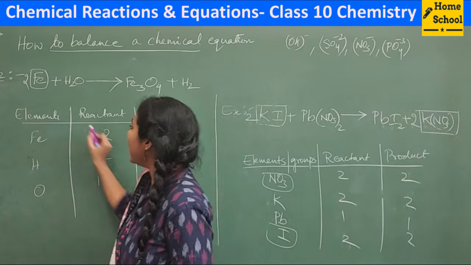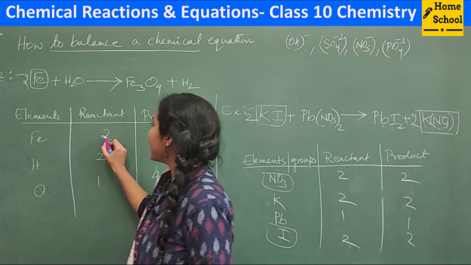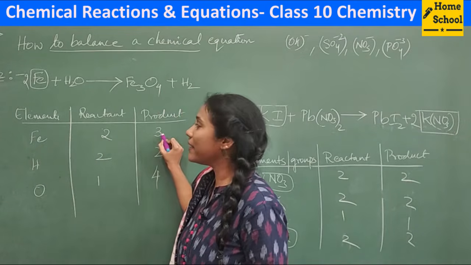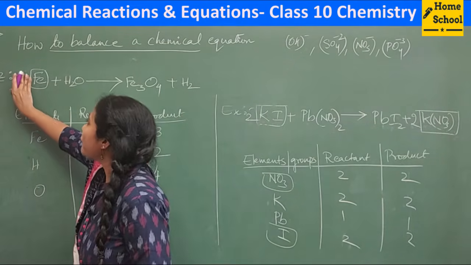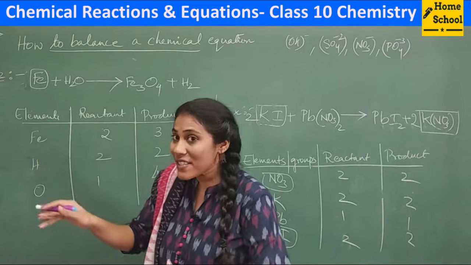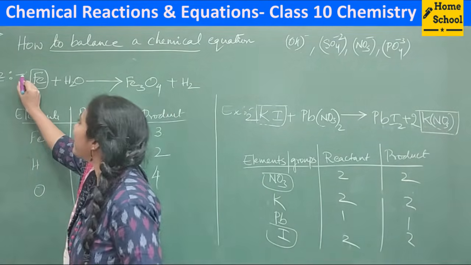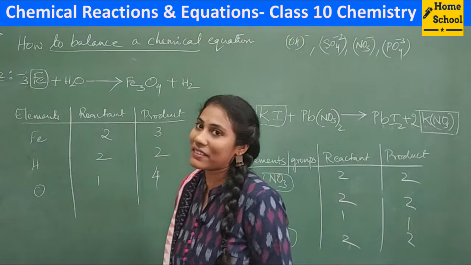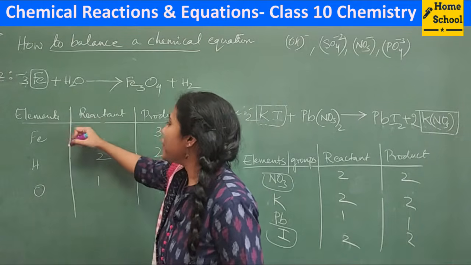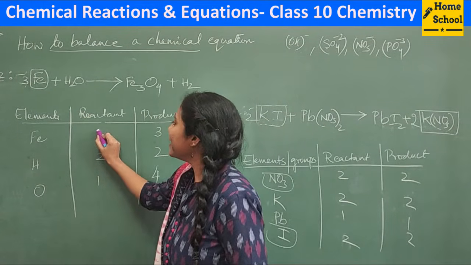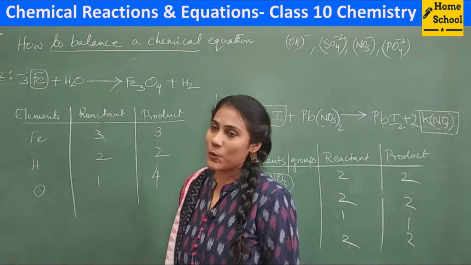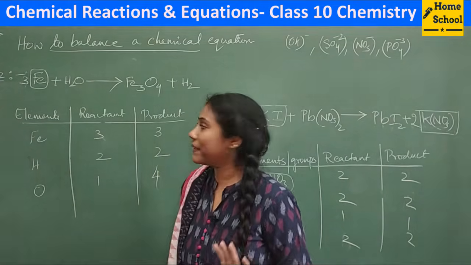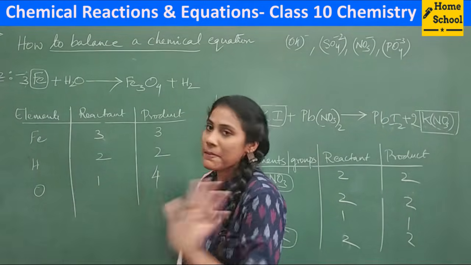If I put 2 here, 2 atoms are there in the reactant side, but how many atoms do you want? You want 3, right? So if I put 2, no use. It is not getting balanced. So what digit can I put here? 3. So now there are 3 iron atoms in the reactant side also. So that way you balanced iron. Okay, fine. Iron is balanced.